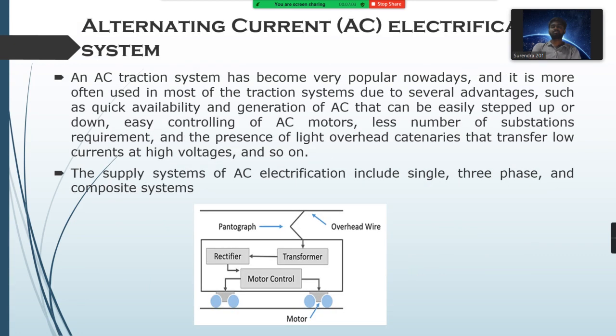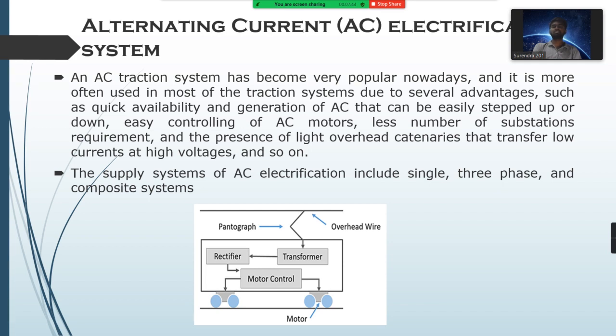Coming to the alternating current electrification system, an AC system has become very popular nowadays and is more often used in most traction systems due to several advantages, such as quick availability and generation of AC that can be easily stepped up or stepped down, easy controlling of AC motors, fewer substations required, and the presence of light overhead catenaries that carry low currents at high voltages, and so on.